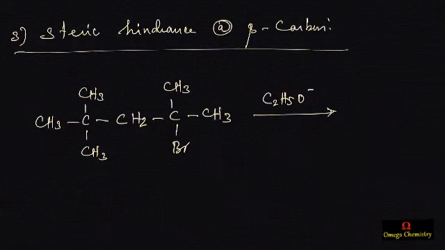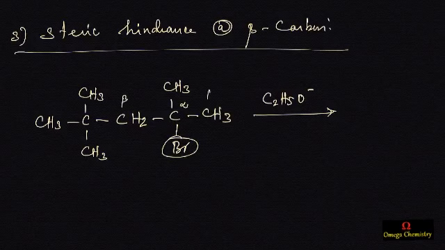The third situation is steric hindrance at beta carbon. Here I have a halogen, bromine, and bromine attached carbon is alpha carbon, and I have 2 beta carbons. But I want you to look at this beta carbon. This beta carbon is being sterically surrounded by 3 methyl groups and a bromine atom. So it is difficult for this base to abstract a proton from this beta carbon.